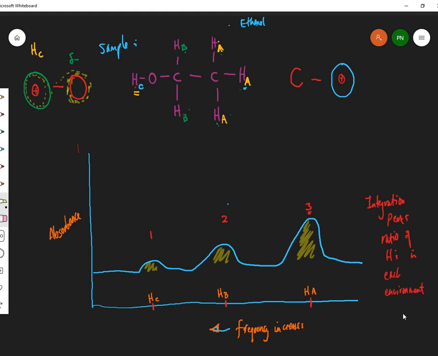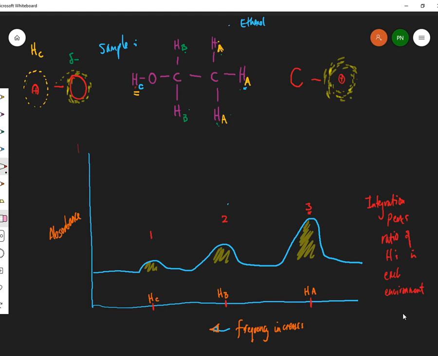So the electrons around this hydrogen are not going to be as many as they are around this hydrogen. There's going to be much more electrons around this one, and less electrons around this one.